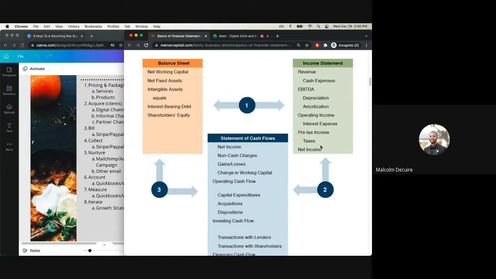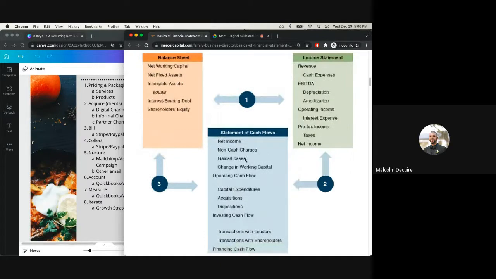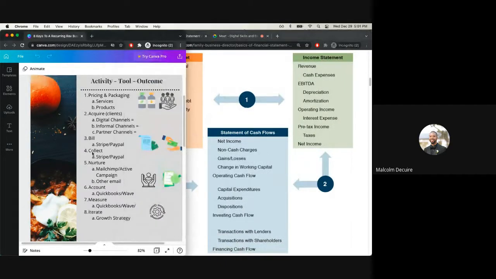This accounting system is going to generate his revenue, label his cash expenses, his other expenses, and pump out a net income. His accounting system is also going to lead into his statement of cash flows, because as you price, that costs. As you acquire customers, that costs. As you bill, that costs. As you collect, that costs.